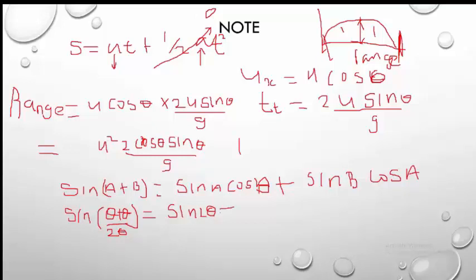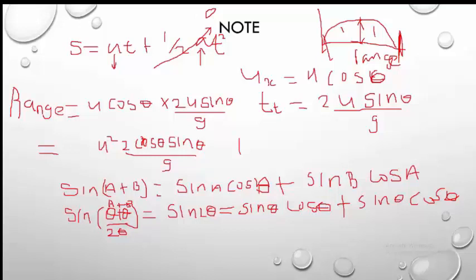So I can now write this sine of theta plus theta as sine theta cos theta plus sine theta cos theta. This is now my A, this is my B, but it's like I have AA, or BB, or theta theta.